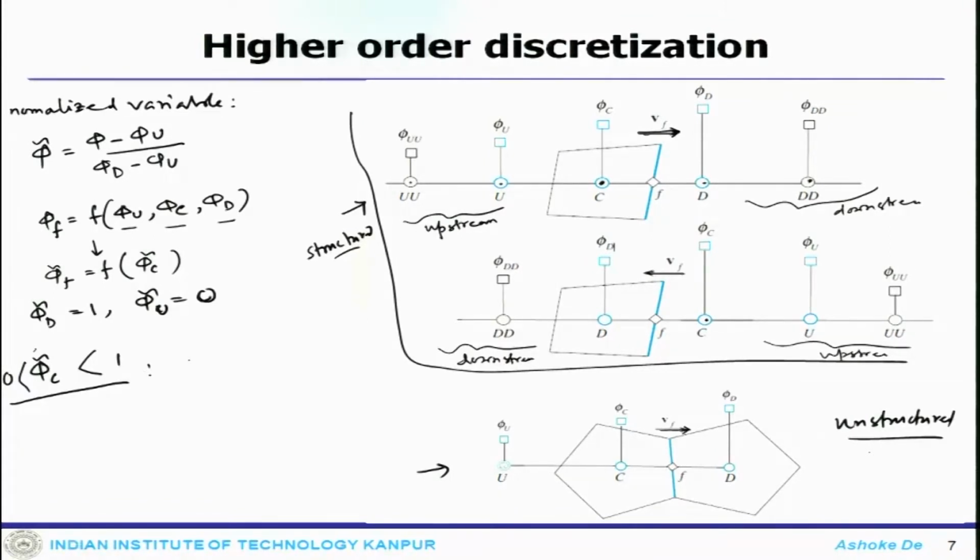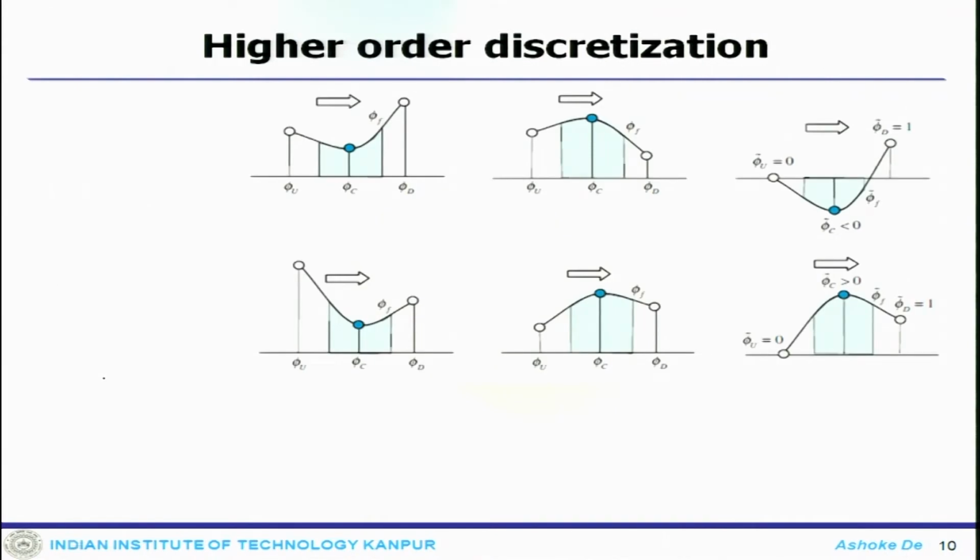It represents a monotonic profile, while if phi c tilde is less than 0 or greater than 1, it indicates an extremum at C. Now, on top of that, you can see how the normalized variable phi c tilde provides this kind of expression.